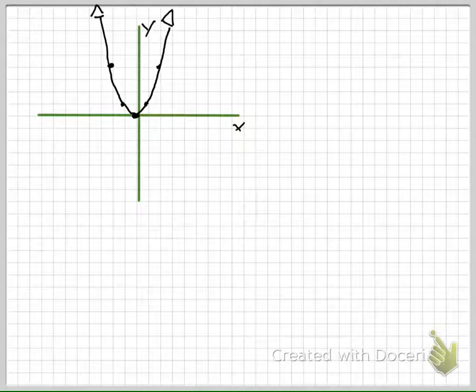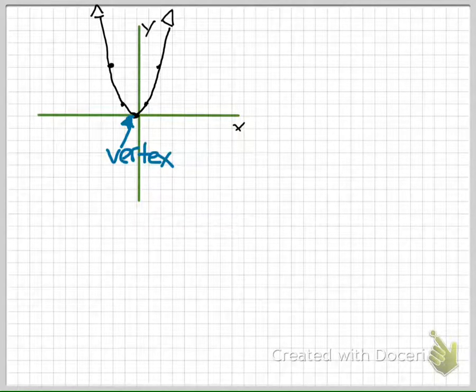A couple of important points to notice here is that this point is your vertex. That's the lowest point on this parabola.